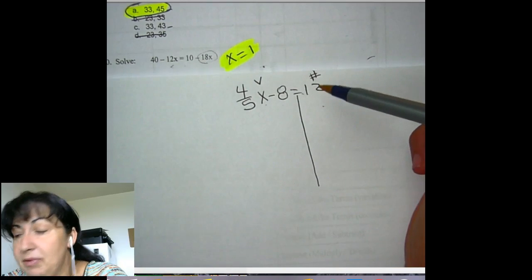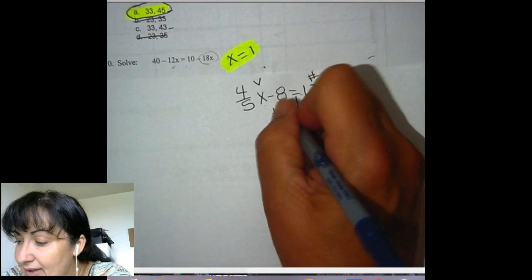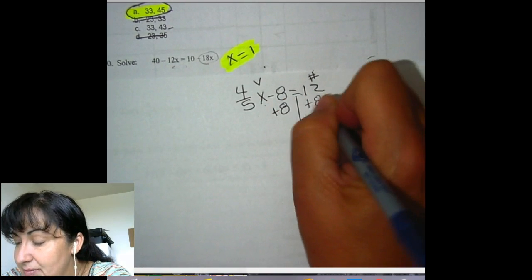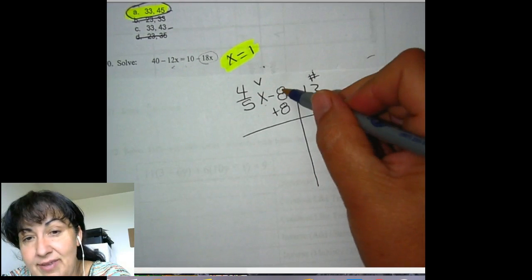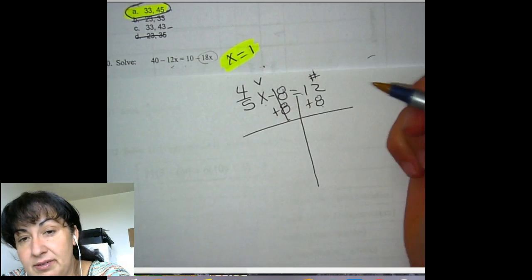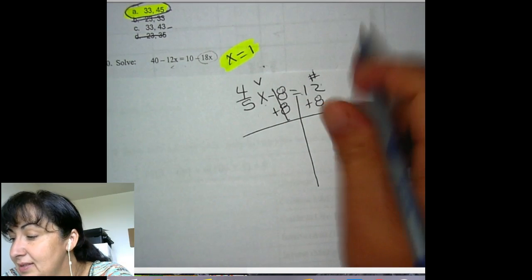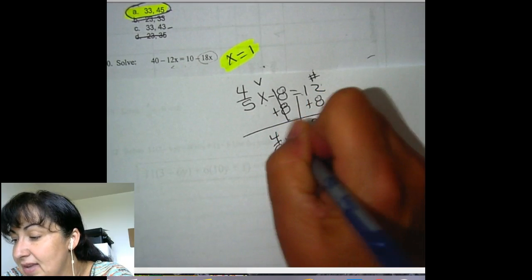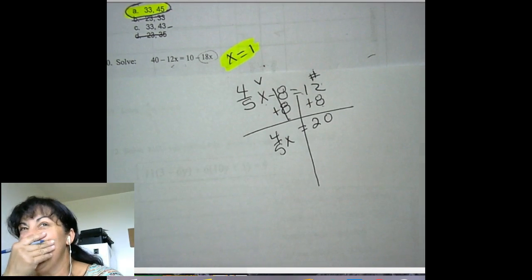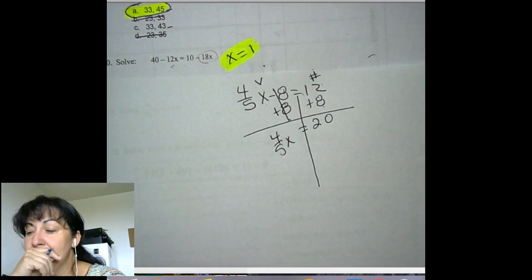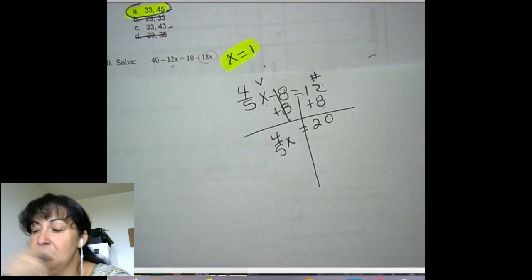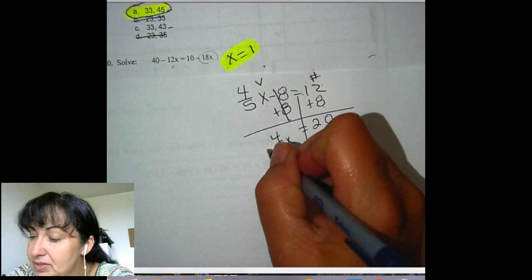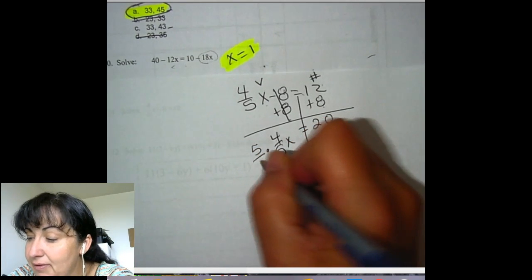And think about it. How do I move the number over? I have to add the opposite, right? So I'm going to add a positive 8 because negative 8 plus positive 8 is going to go to 0. 12 plus 8 is 20 equals 4/5 x. And it's a little bit tricky when we have fractions like this. So what I'm going to do is multiply by 5/4.